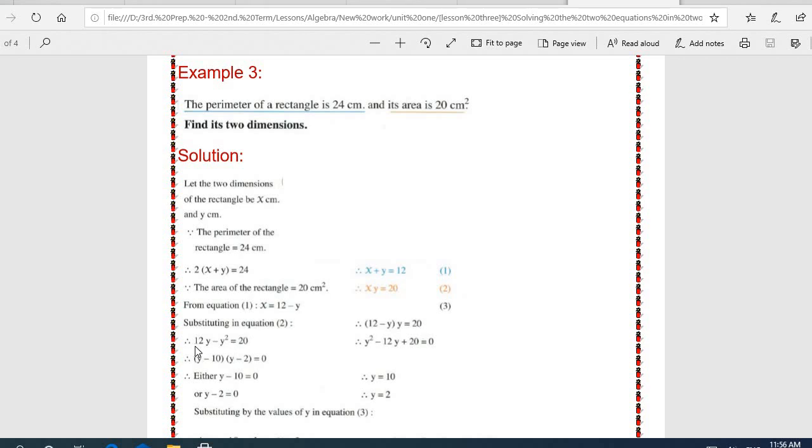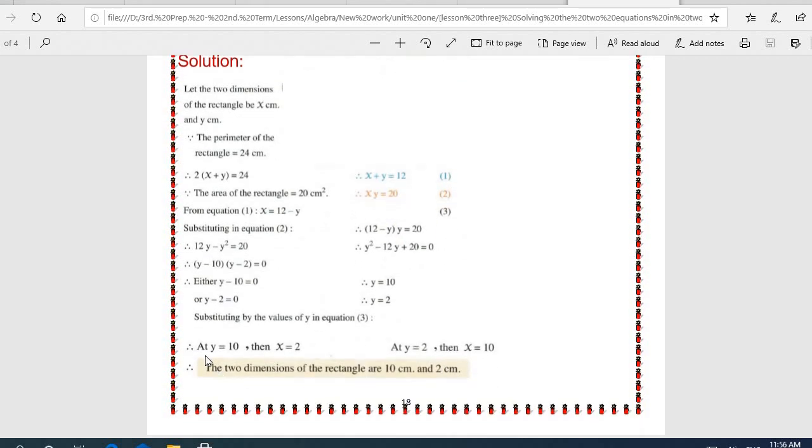Simplify and factorize it: y minus 10 equals 0, y minus 2 equals 0, which means y equals 10, or y equals 2. Substitute to find the value of x. At y equals 10, then x equals 2. At y equals 2, then x equals 10. Then the two dimensions of the rectangle are 10 and 2.